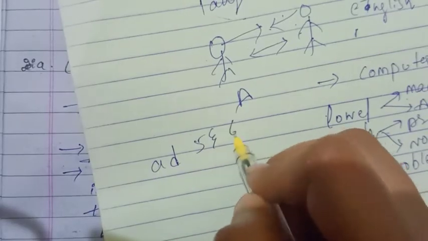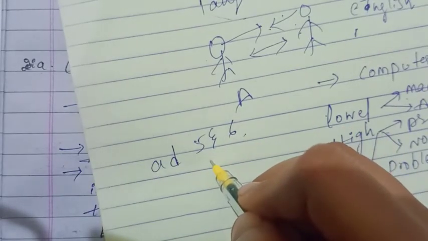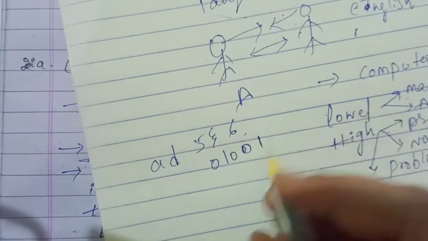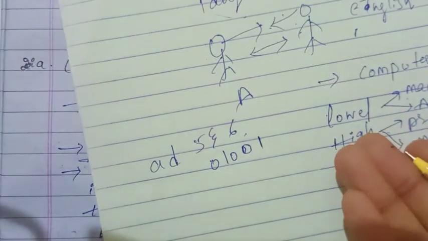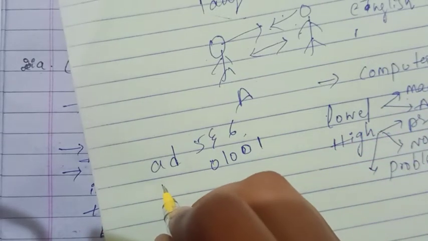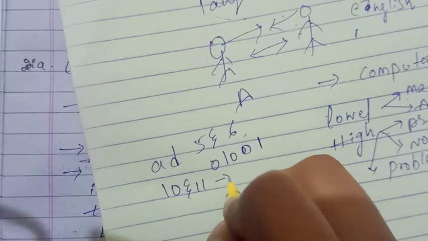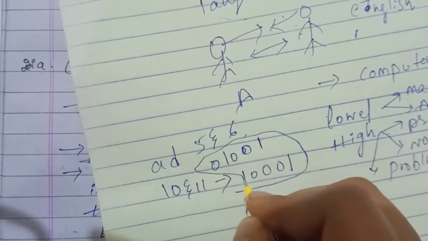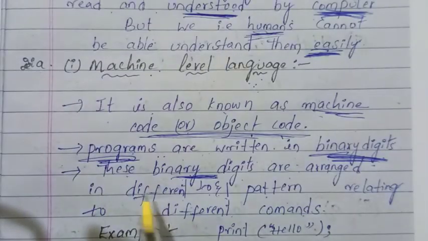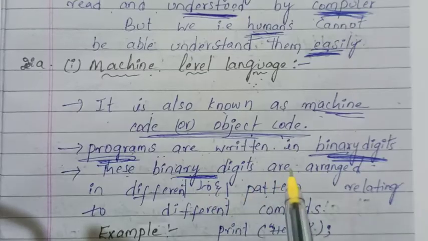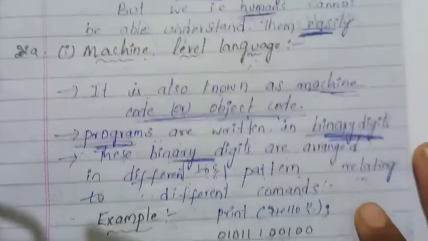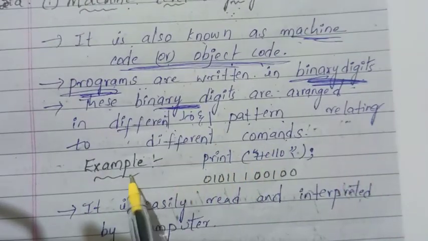For example, if we want to add 5 and 6, the arranging order of 0 and 1 will be like this. It is not the correct one, but I am taking it as an example. And if we want to add 10 and 11, then the order will be like 1 0 0 1. So these two are different commands, right?